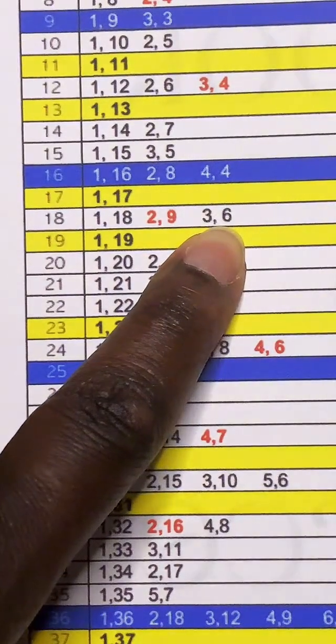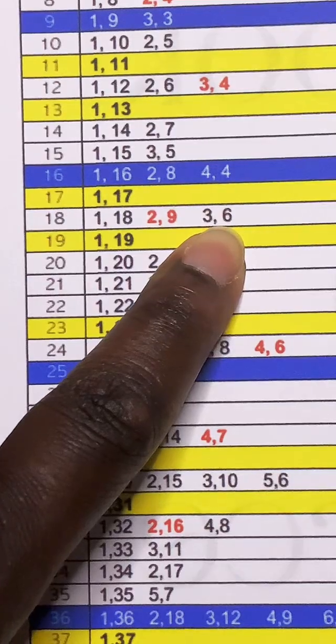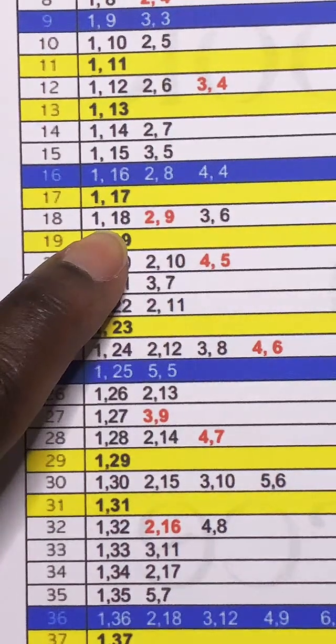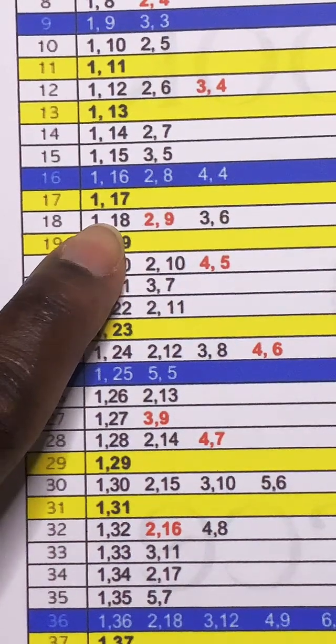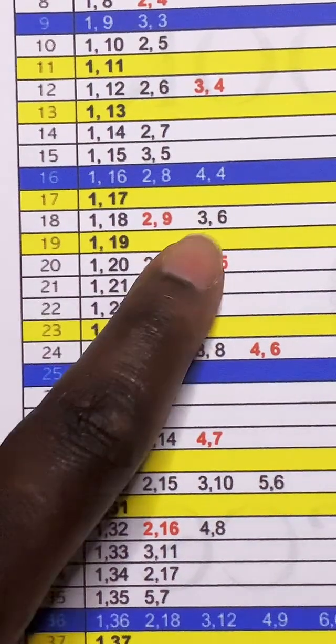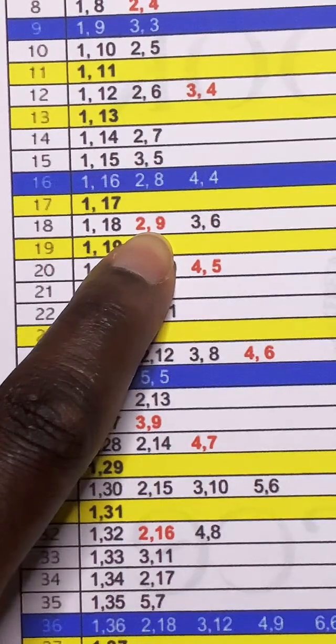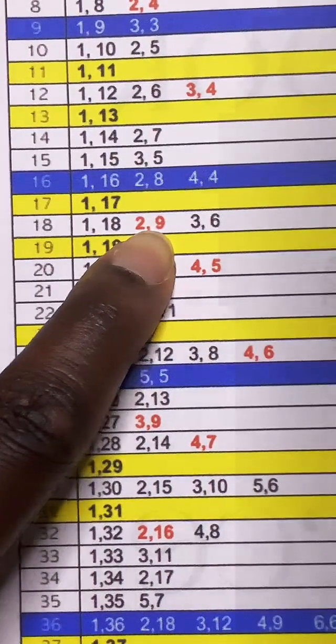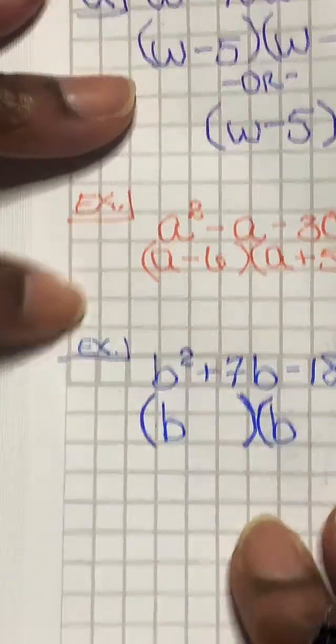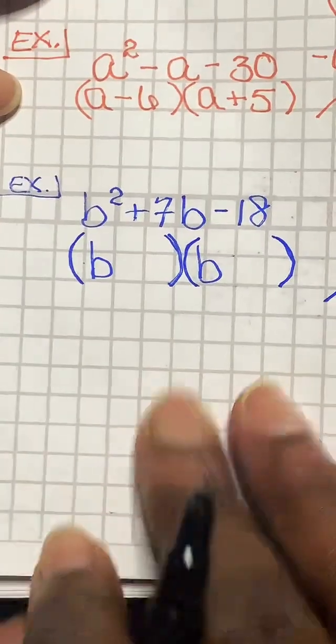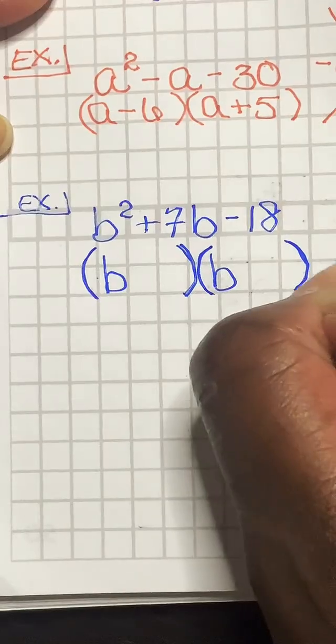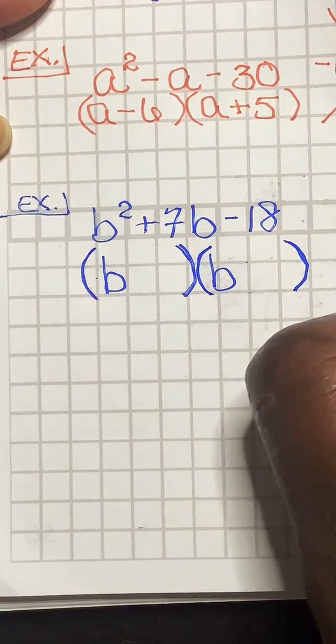And we're looking for something that's going to give me a 7. Because it's a negative 18, that means we're dealing with subtraction. So obviously, if I subtract the 1 and 18, definitely not. If I subtract the 9 and 2, yes. So I know that 9 and 2 is going to work for me. So I got my 9 and I got my 2.